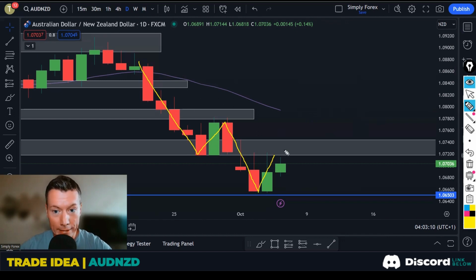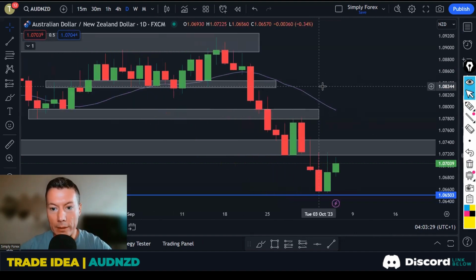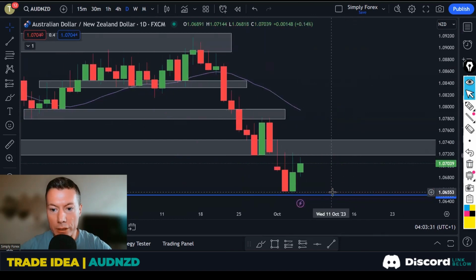We're in a downtrend. We got a nice reaction off of this, what was once support, now resistance level. And I think we've got more room to move into. So we're looking to sell Aussie dollar New Zealand dollar for those reasons. If I zoom out a little bit, I'm going to adjust this just to put it to the lows of the day.